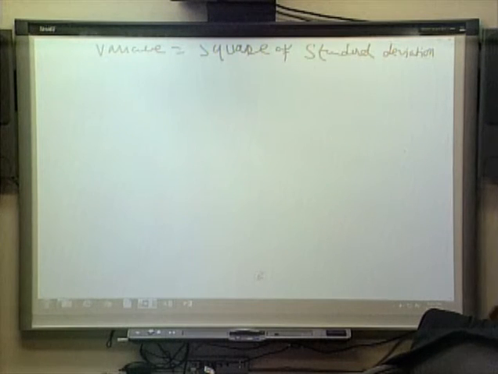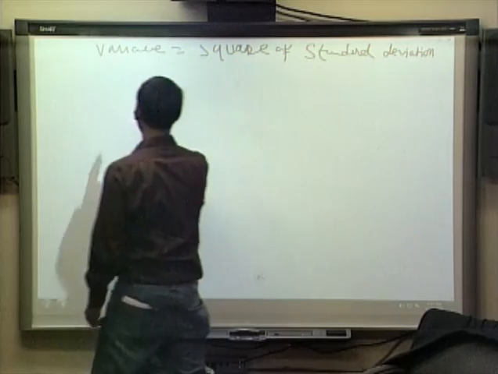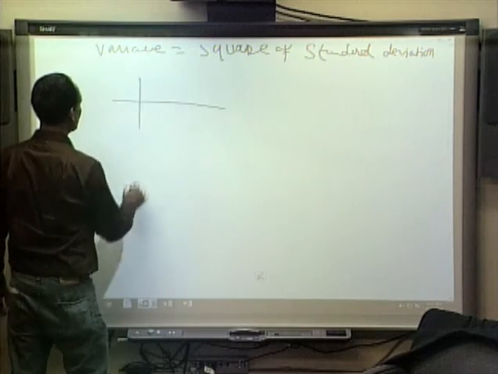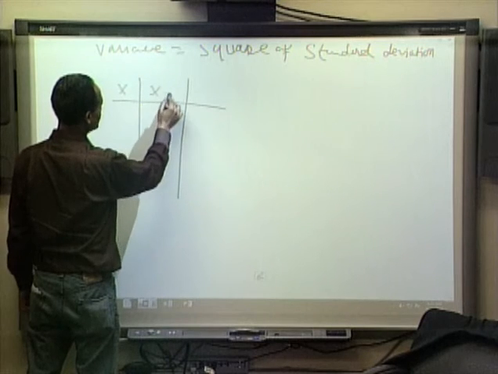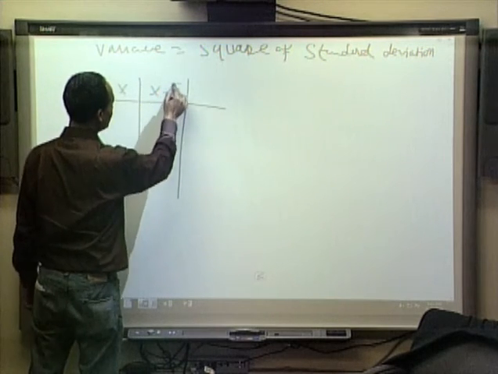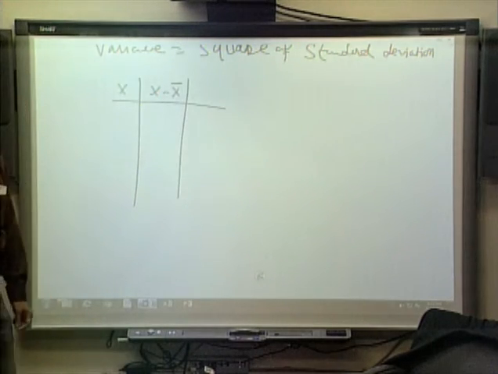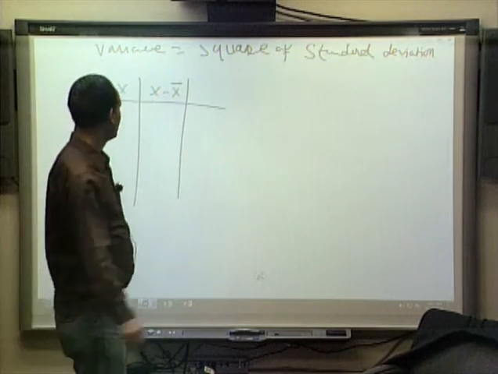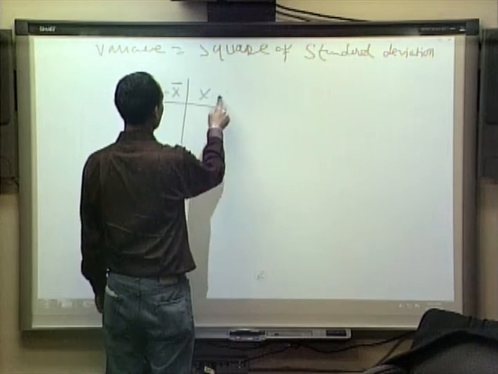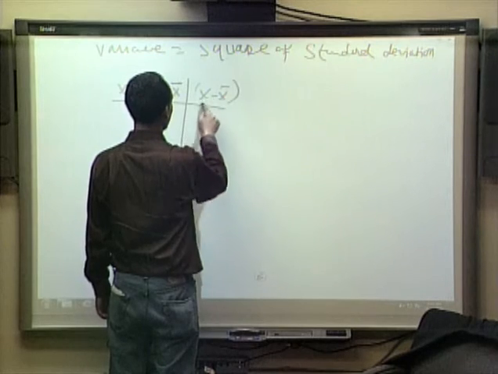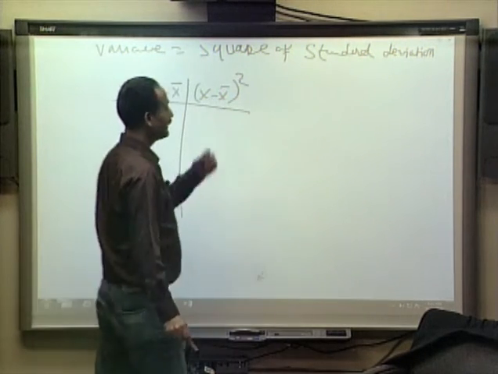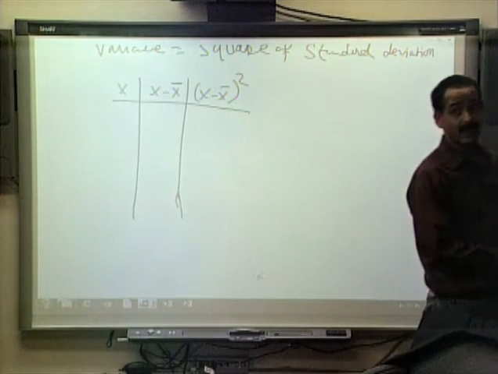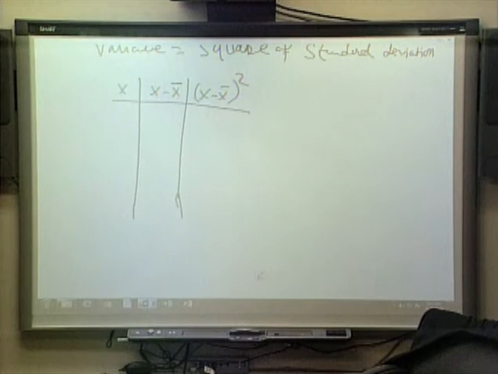We make a table where the first column is the observation, the second column as before is the observation minus the mean. Mean is written as x bar, that x bar represents the mean, and then we do x minus x bar squared, we square them. This is the table we will create in order to calculate the standard deviation or the variance.